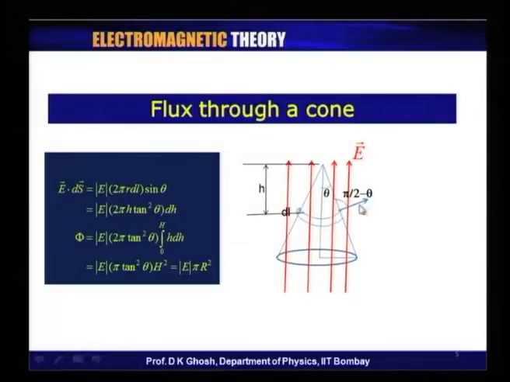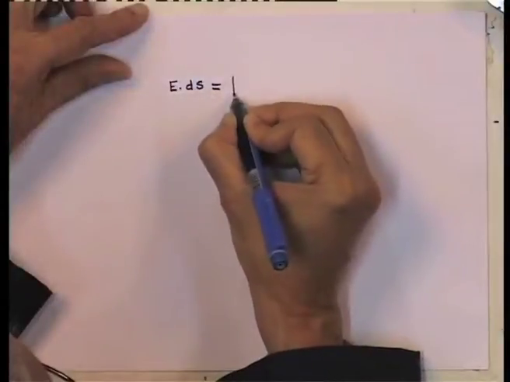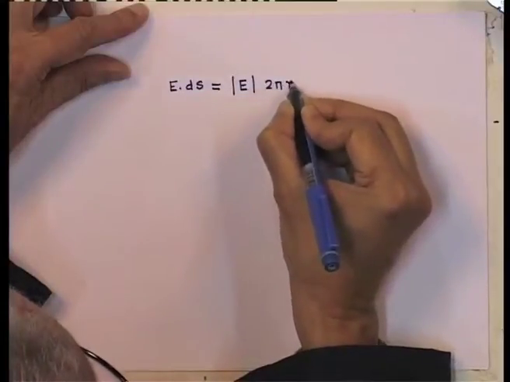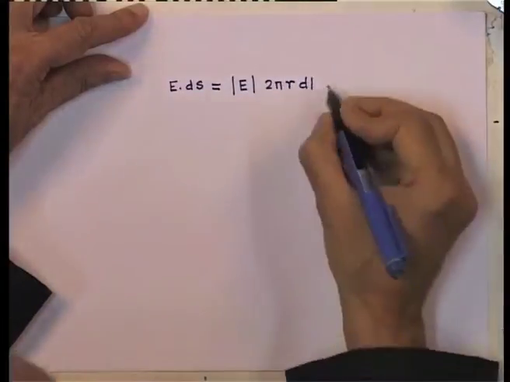The second thing is that the angle which the normal to the slanted surface is making with the electric field is obviously pi by 2 minus theta. So, I get 2 pi r dl cosine of pi by 2 minus theta. So, let us write it again. E dot ds is equal to magnitude of E times 2 pi r dl times sin theta.